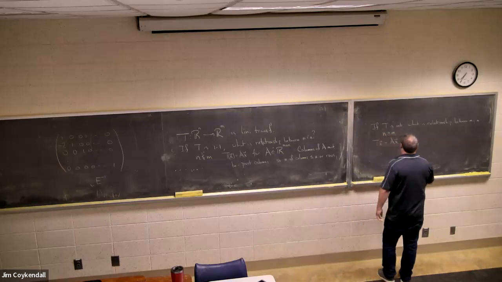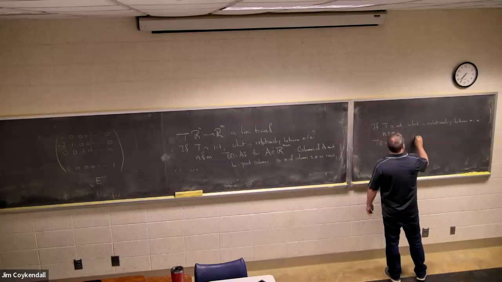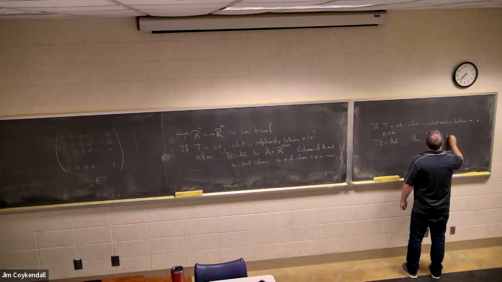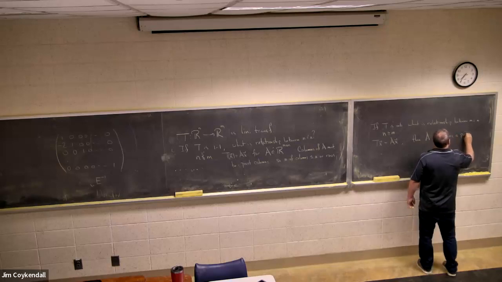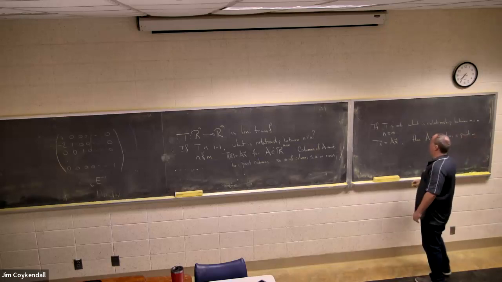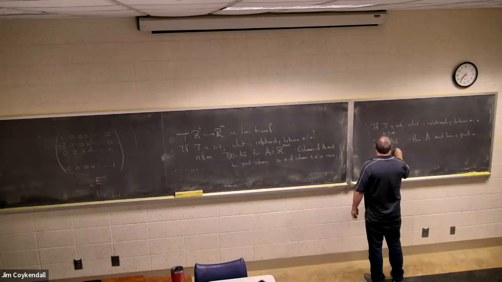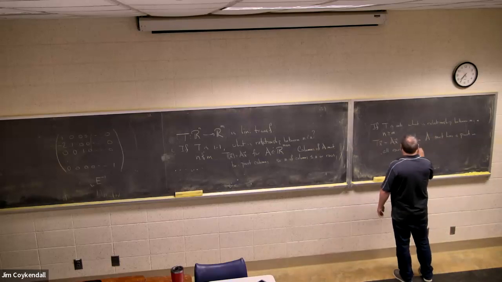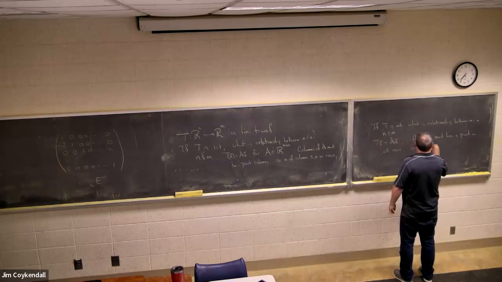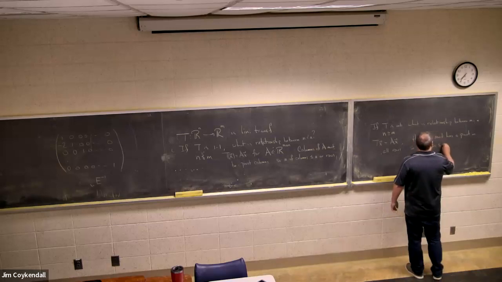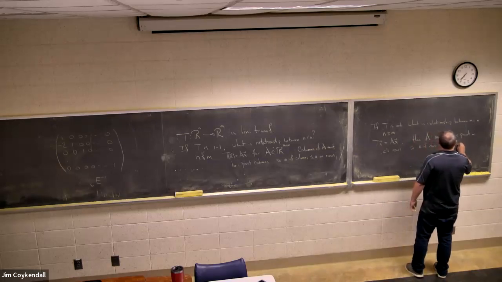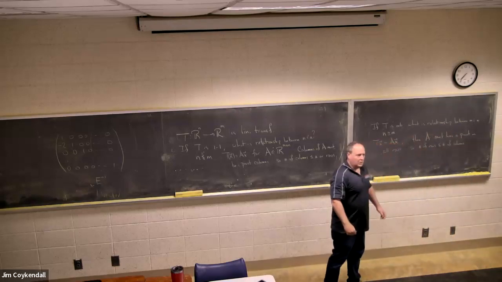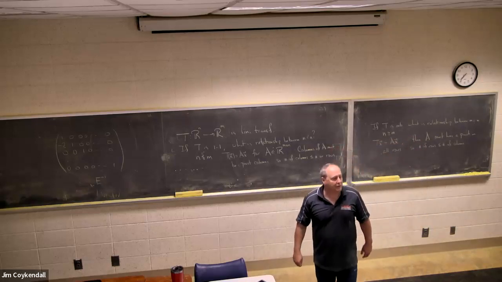If T of x equals A x, then A must have a pivot in all rows. So in this case, the number of rows cannot exceed the number of columns. That's a very good matrix way.